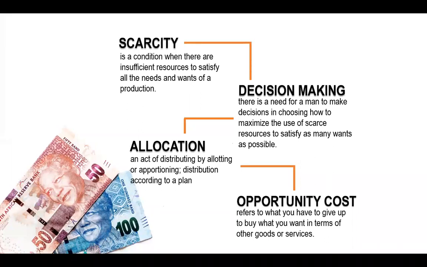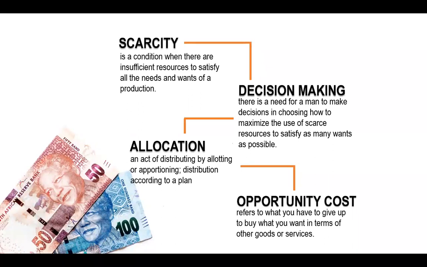Scarcity is a condition when there are insufficient resources to satisfy all the needs and wants of a population. Next, decision making. There is a need for man to make decisions in choosing how to maximize the use of scarce resources to satisfy as many wants as possible.